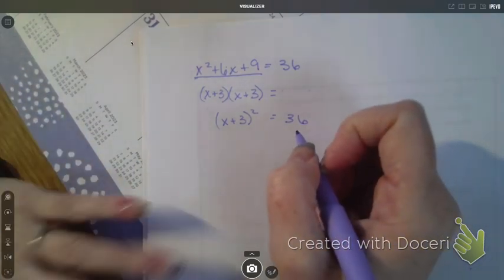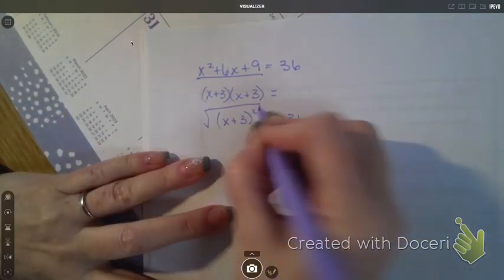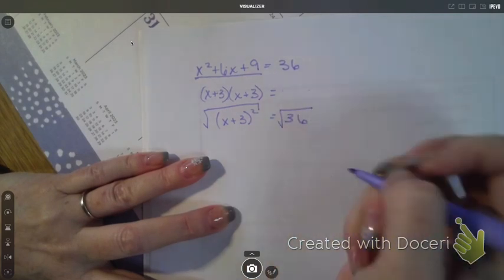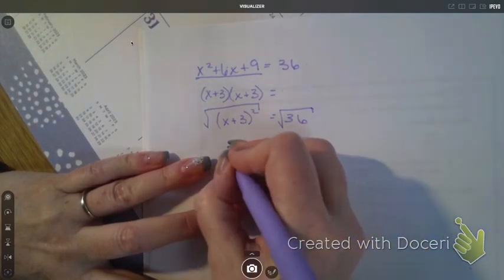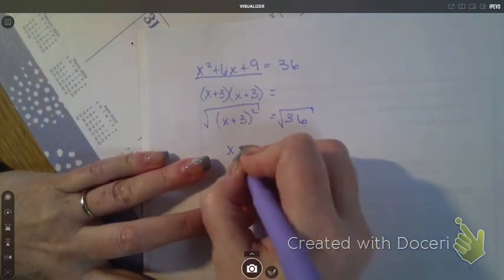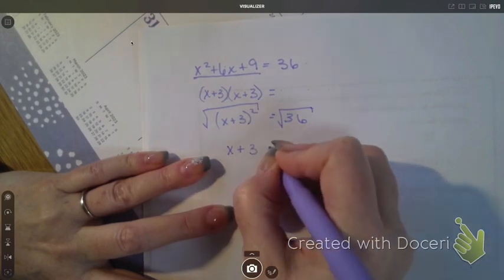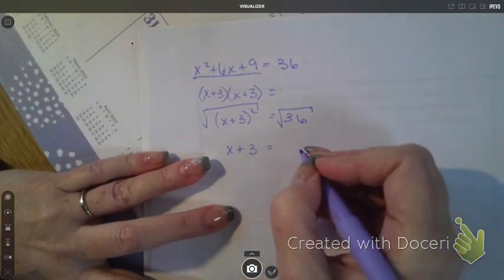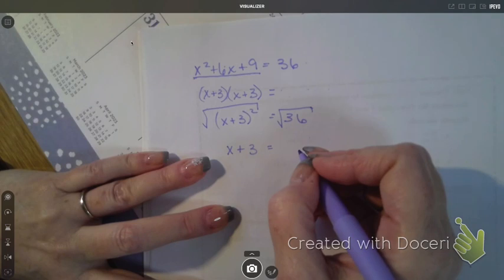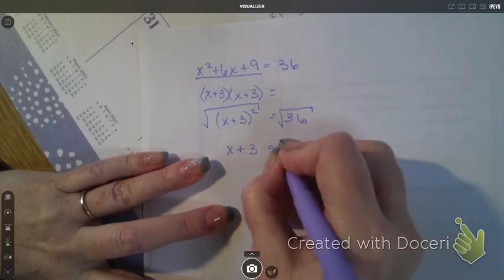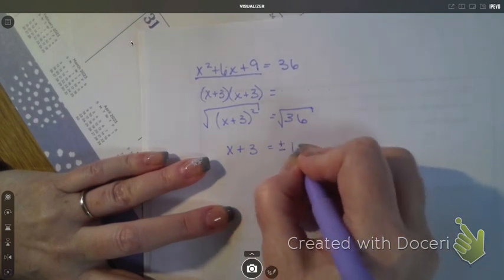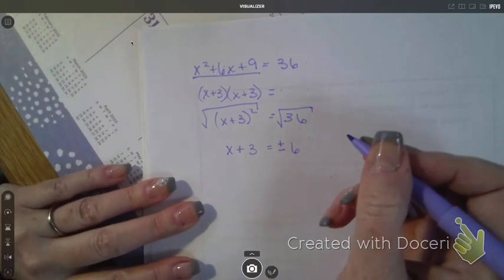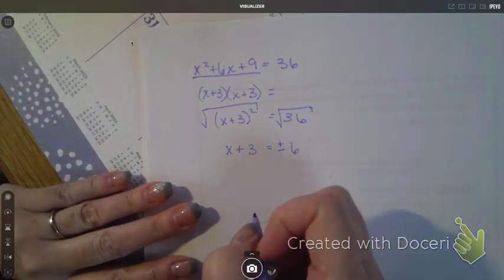Then I do the square root. So the left is x plus 3, and then the right is plus or minus 6, thank you, Mercedes. So keep going.